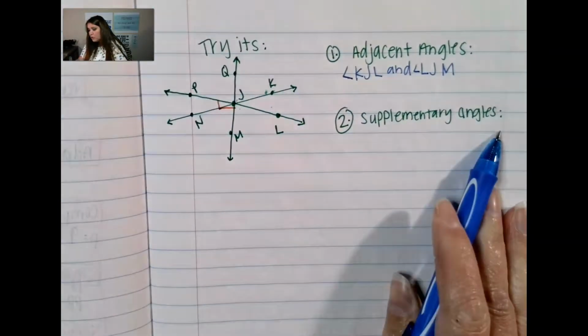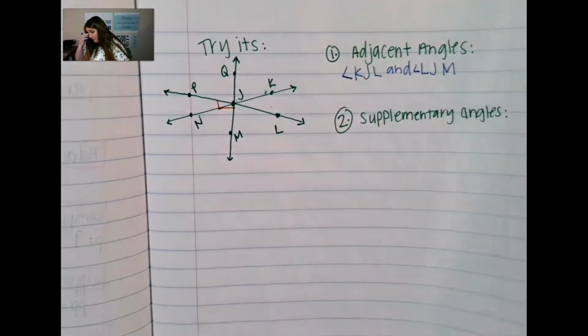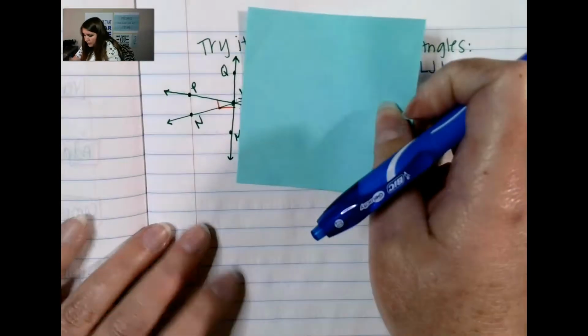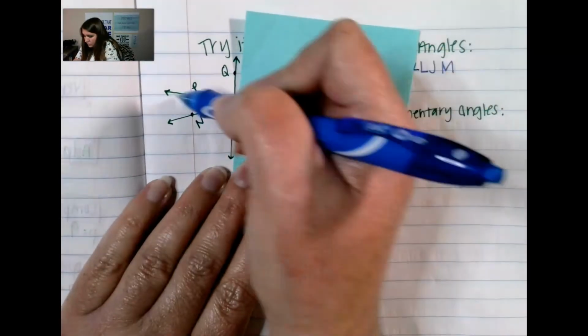Okay, and supplementary angles. These angles form 180 degrees. So 180 degrees is what we are looking for. We're looking for the ones that form a straight line. Here's a straight line right here, and then the one that comes off of it.